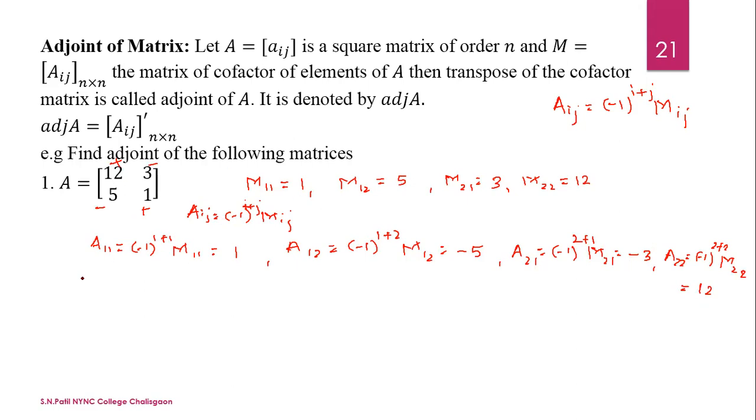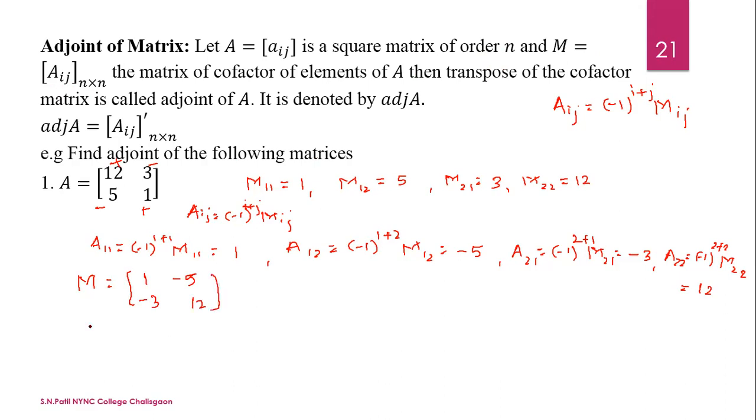Okay, we denote M as the cofactor of matrix, that is 1, minus 5, minus 3 and 12.